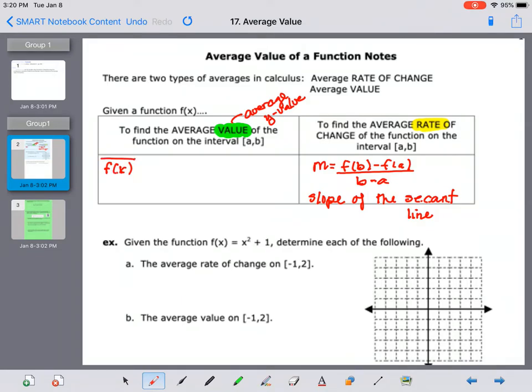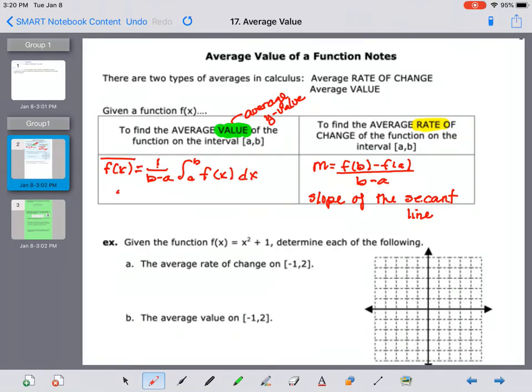So the average value, or the average y value of a given function, is going to be equal to 1 over b minus a, integral from a to b of what we're trying to find the average of.